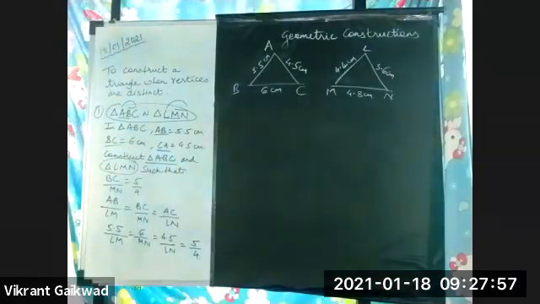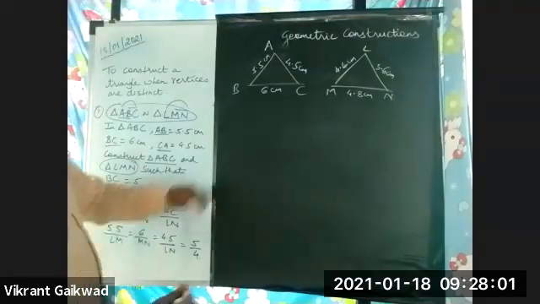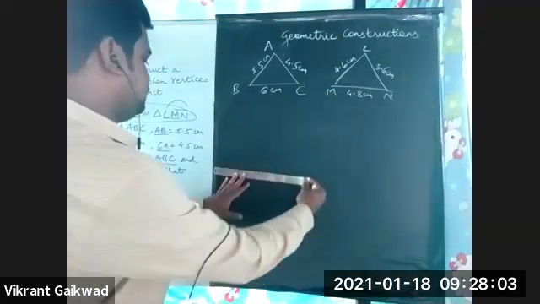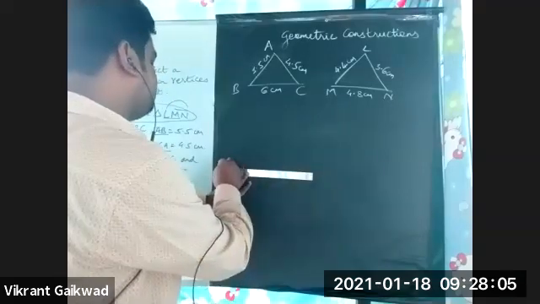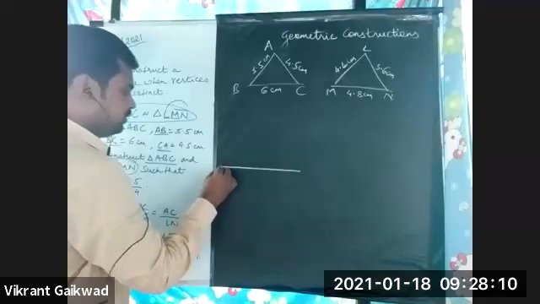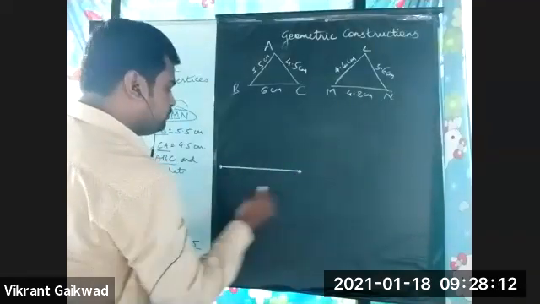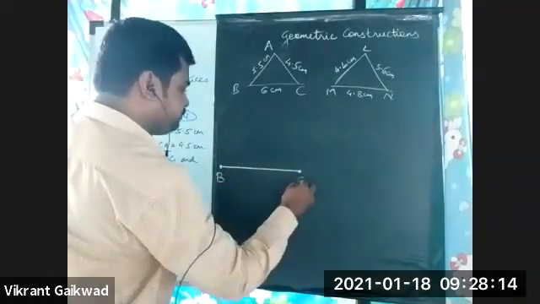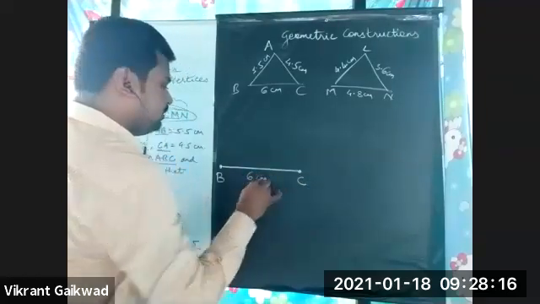So when you start constructing the triangles, you start with drawing the base. First, I'll draw the base BC. I'm going to draw base BC of 6 centimeters.